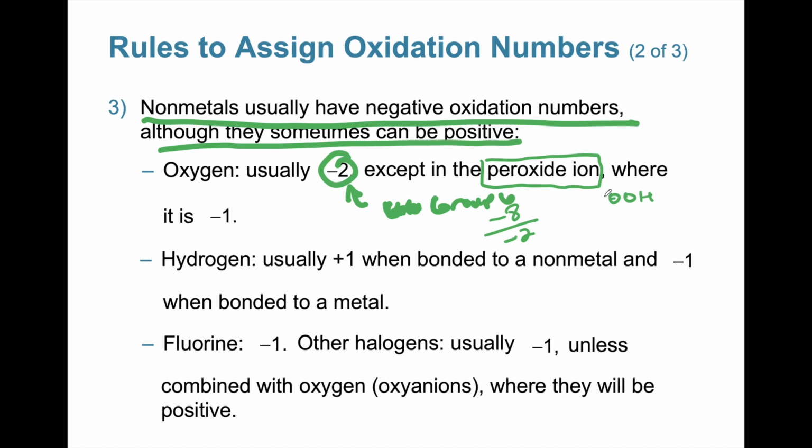And so the interesting thing is that you can use this charge as the oxidation number unless it's a part of a polyatomic ion. Polyatomic ions will have a different oxidation number for most of the atoms in the polyatomic ion, right?